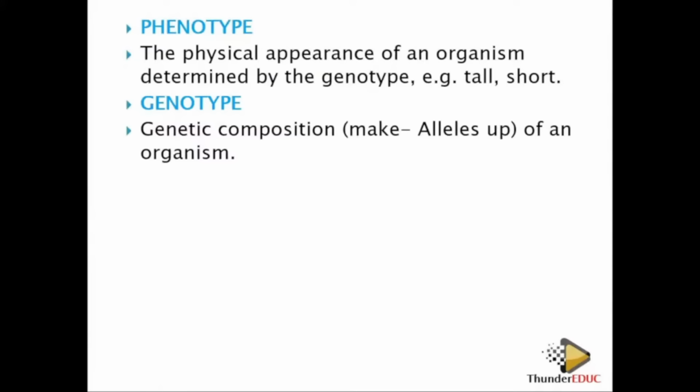You can be short, but you have an allele for tallness. You see two people who are short, they produce a tall kid. Two people who are dark-skinned, they produce a light-skinned kid. Two people who are light-skinned, they produce a dark-skinned kid. And then a guy can say, yeah, this is not my kid. Whose kid is it? All right.